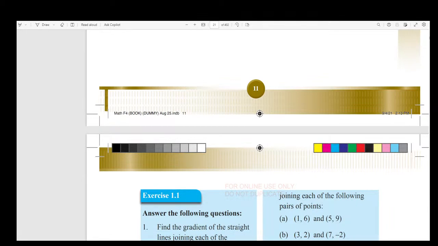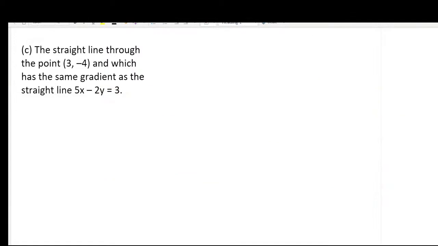Previously we managed to solve questions on coordinate geometry, and also we saw some important details: how we find the gradient of a straight line and the equation of a straight line, and we tried to go into more detail regarding these parts. So today we are going to solve questions related to those concepts we have already covered.